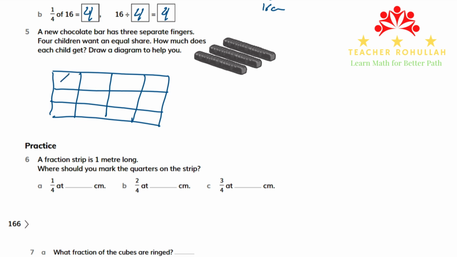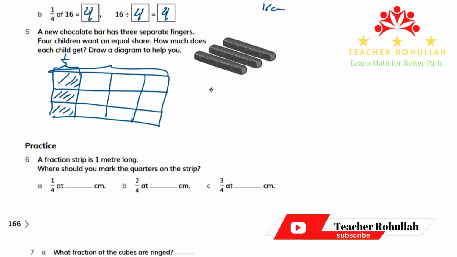If a child gets 1 from this finger, 1 from this finger, and 1 from this finger, because we have 4 parts in each one, from each of them a child gets 1/4. 1/4 here, 1/4 here, and 1/4 here. So each child gets 3/4 of the finger.